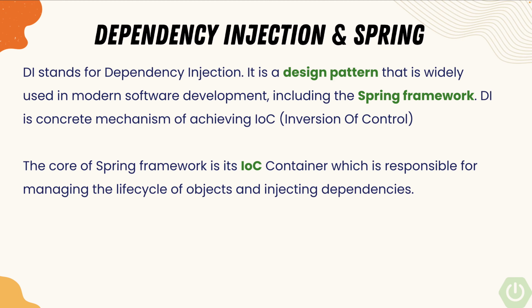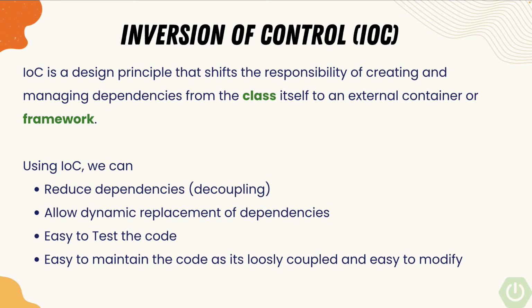So dependency injection, or DI, is a design pattern that is widely used in modern software development, including the Spring Framework. And this DI is a concrete mechanism of achieving the inversion of control. So basically, DI is the concrete mechanism which achieves the IOC operation that is laid out over here.